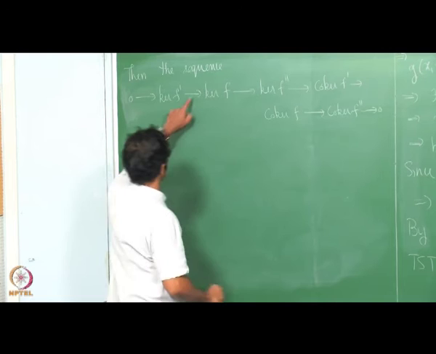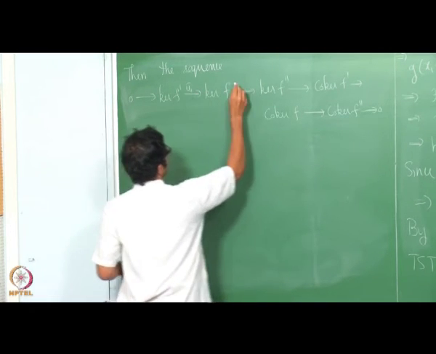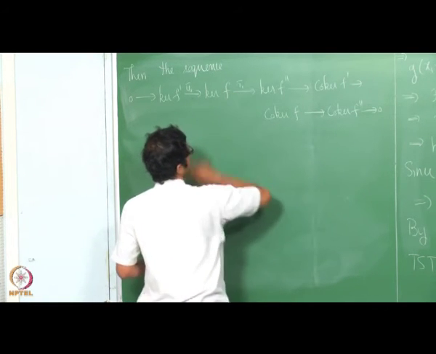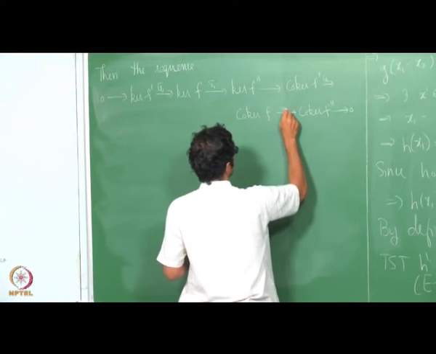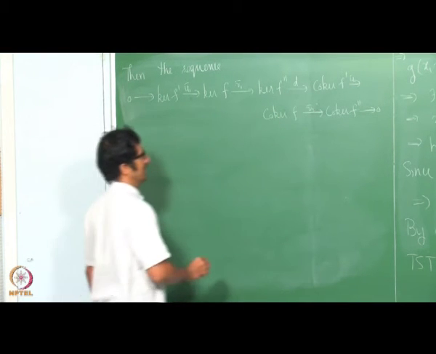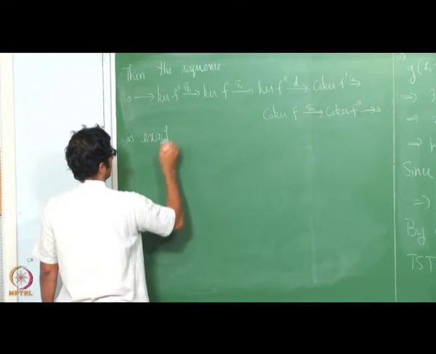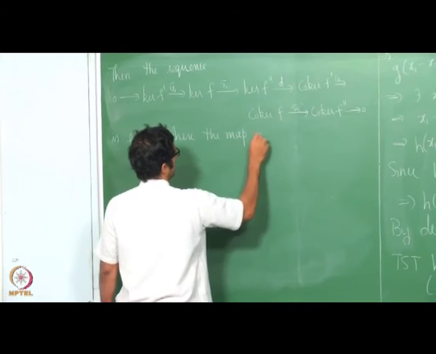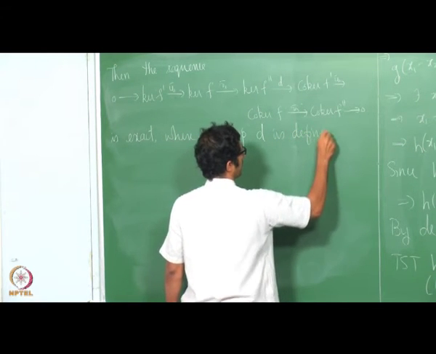So, I will call this map u1 bar, this is v1 bar, this is u2 bar, and this is v2 bar, and this is exact, where the map D is defined as follows.